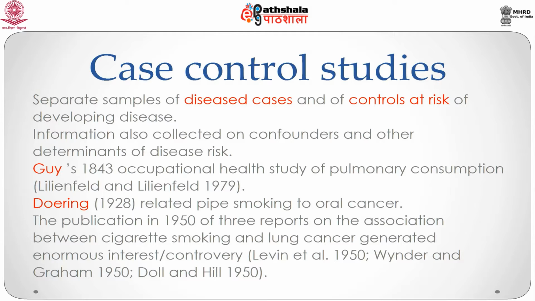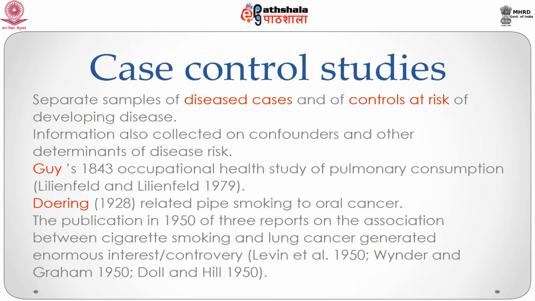So we have these two groups. Next we collect information on confounders and other determinants of disease risk, and finally we estimate the exposure histories in both groups and we compare them to see if there is a significant difference.